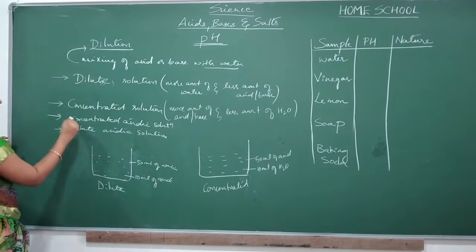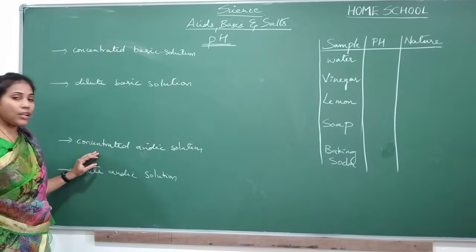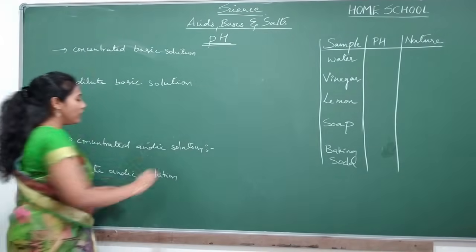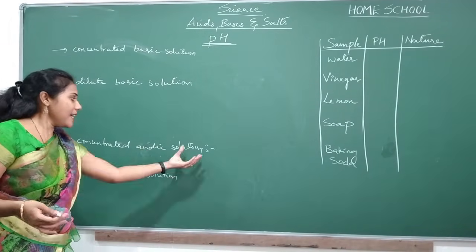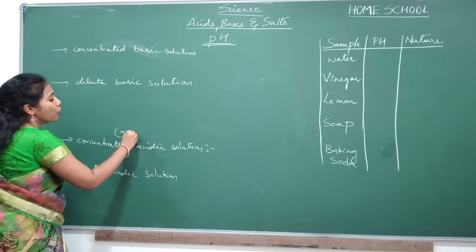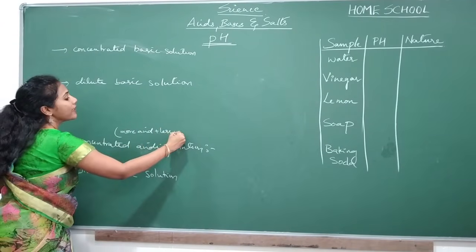So what is the difference between concentrated acidic solution and dilute acidic solution? Concentrated acidic solution, what does it mean? We all know concentrated in the sense what? More amount of acid in the solution. So more acid is there and less water is there.